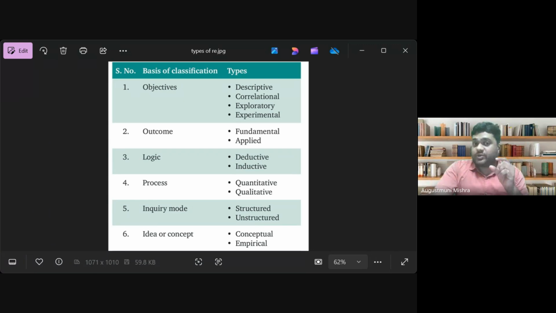If your research aims to find out the result from any population, then you are going to systematically describe the population. Okay. You are going to talk about the situation, you are going to talk about the phenomena. Okay. And your descriptive research is going to answer the questions who, what, where, what.